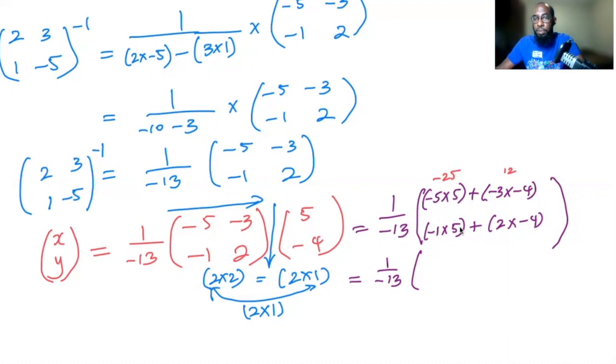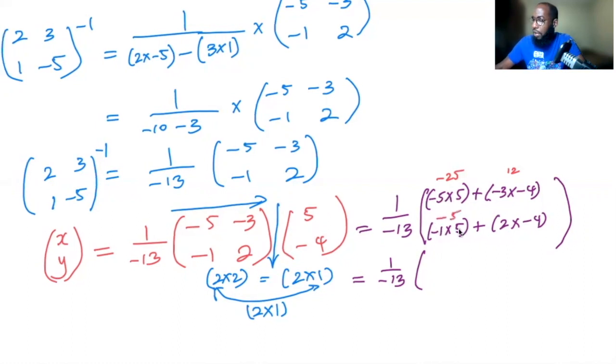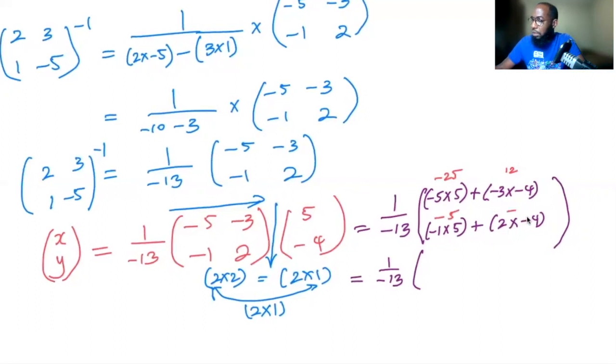Here, multiplying different signs, minus. 1 5 is 5. And multiplying different signs is a minus. 2 4s are 8. So on top here, we have -25 plus 12. And below here, we have -5 minus 8.